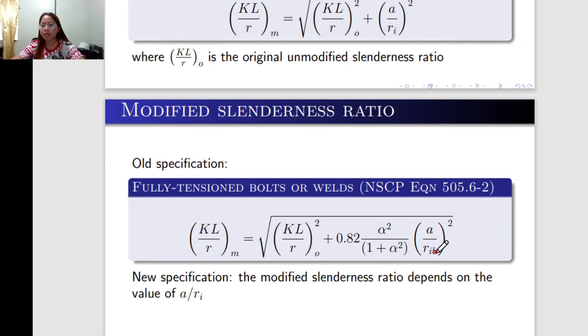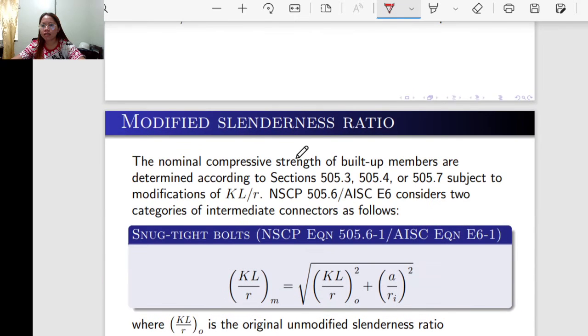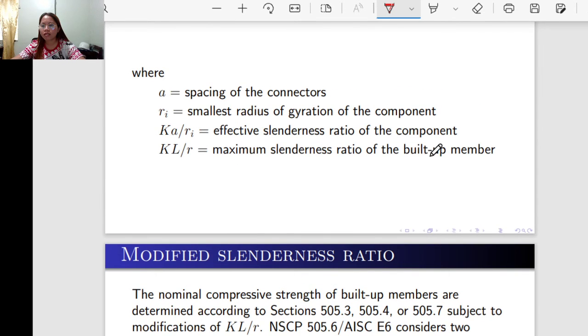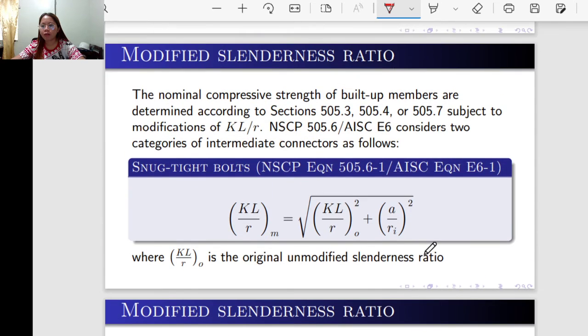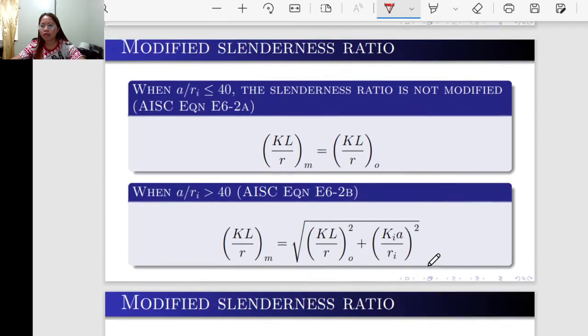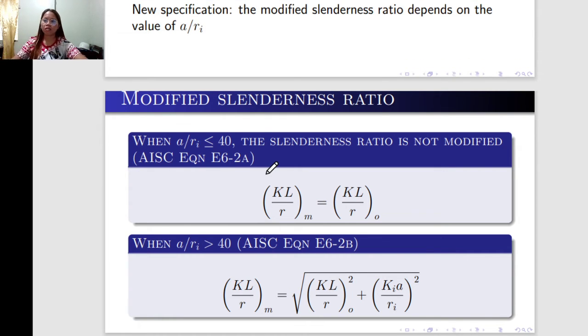The new specification of the modified slenderness ratio depends on the value of a over ri. ri is the smallest radius of gyration of the component of the whole built-up member. When a over ri is less than or equal to 40, the slenderness ratio is not modified. Now use equation AISC E6-2a.